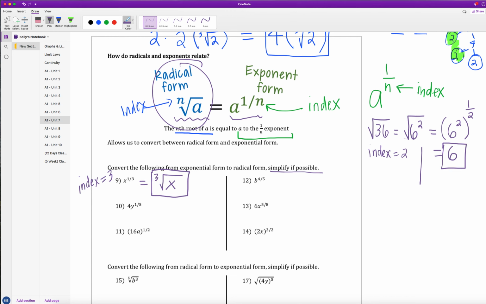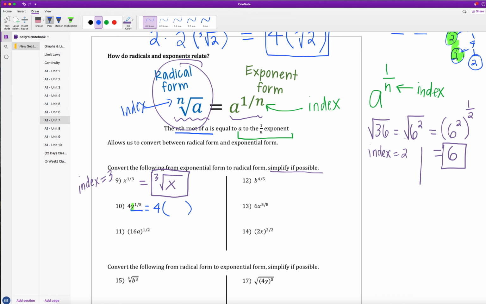In example 10, only the y is being raised to the exponent because there is no parentheses around the 4y. So since there's no parentheses, that means that only the y is being raised to the exponent. What that tells me then is that in my final answer, I'm going to end up with 4 times something else. And let's look at what that something else will be.